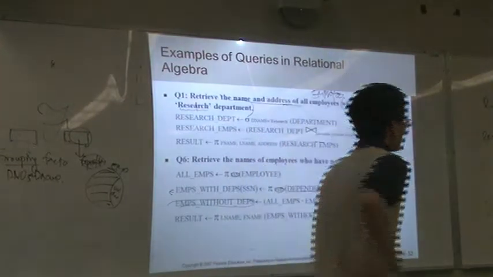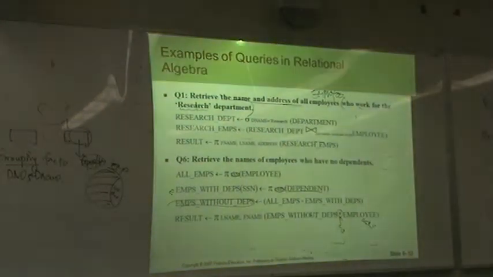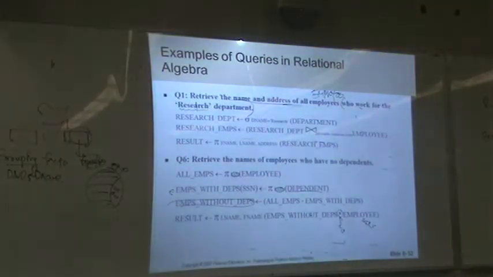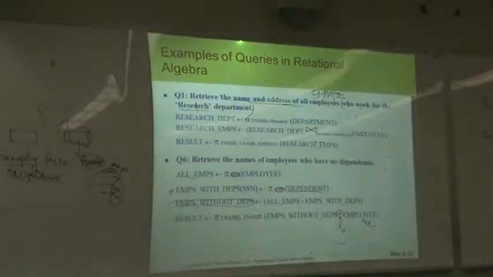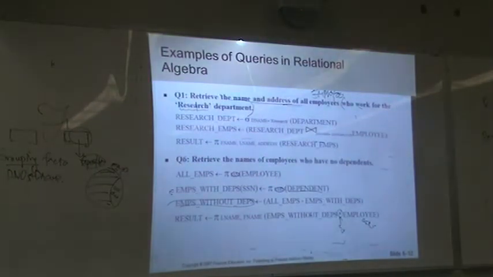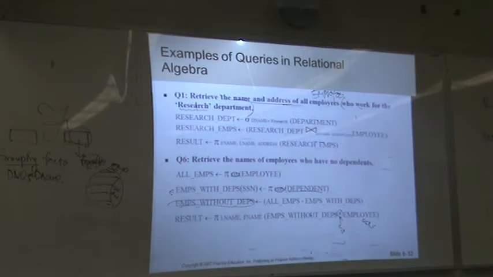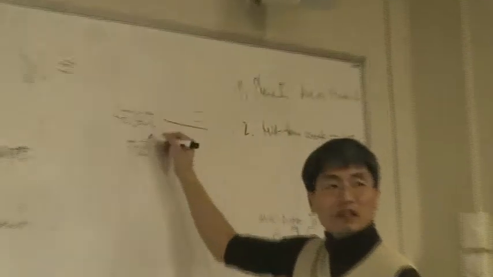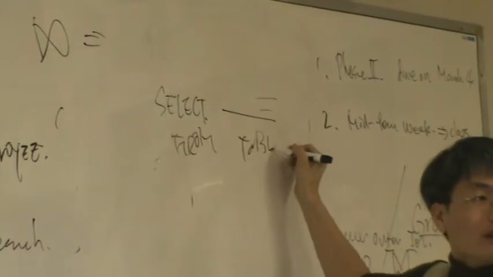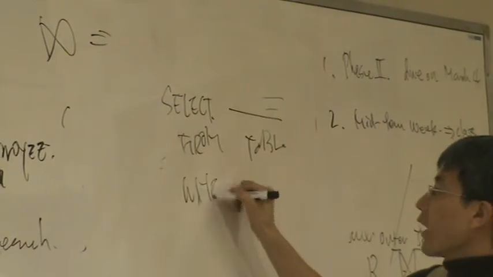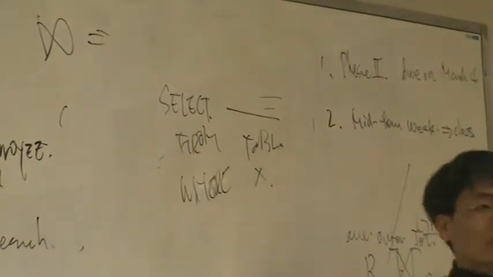So I have seen database programming projects like this. Their queries are very, very simple. Only one type. Select column name from one table, and with only where condition, sometimes without where condition.